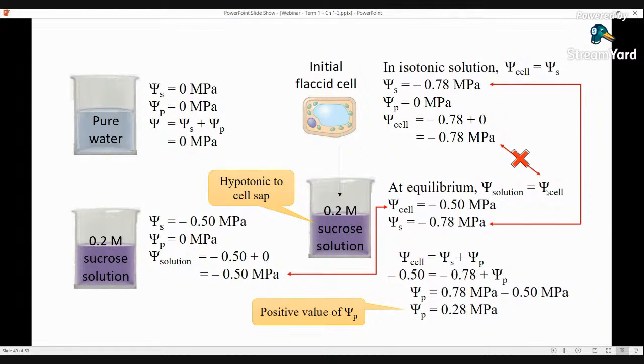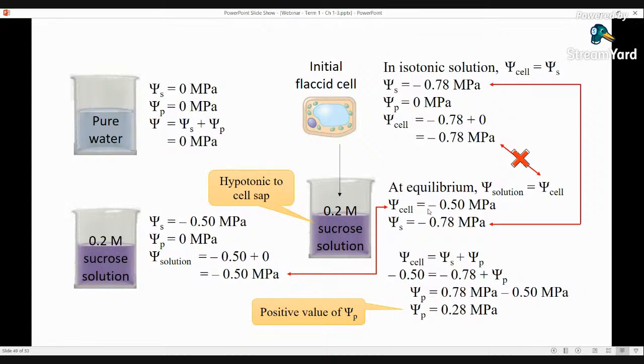This one is different because that equilibrium was in isotonic solution. Now, when they reach equilibrium, the equilibrium is at 0.2 molarity. Therefore, the water potential for the cell is equal to the water potential for the solution at equilibrium.